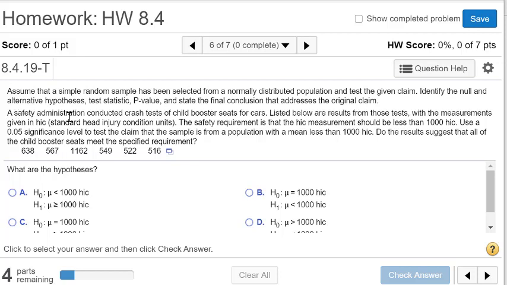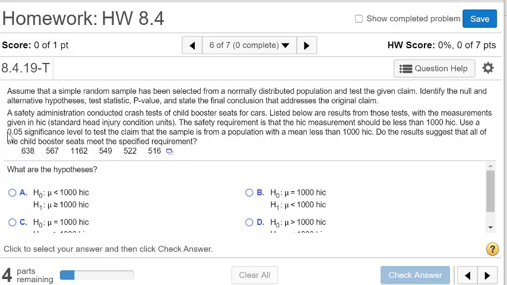A safety administration conducted crash tests of child booster seats of cars. Listed below are the results of those tests with the measurements given in HIC, the standard head injury condition units. The safety requirement is that the HIC measurement should be less than 1000 HIC.